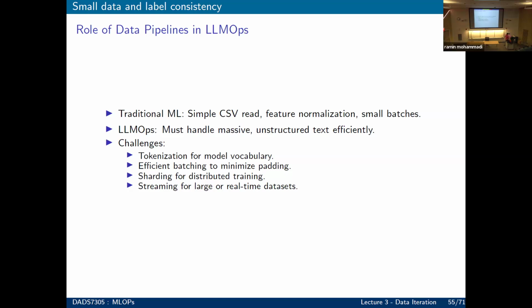Then efficient batching to minimize padding. That's the second thing. For text especially, lots of the time your texts are not the same length, right? So if you batch, don't do random batching. Why? Because you will have texts of very different lengths, and the problem is that you need to pad the smaller ones to match the maximum size.